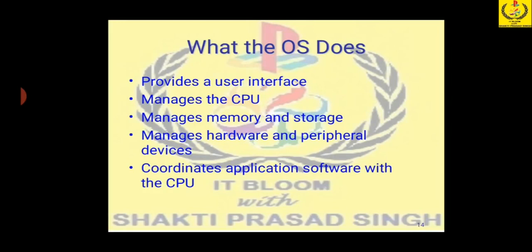The operating system provides a way for the user to interact with the computer, manages the processor, that is the CPU, manages the primary memory, that is RAM and ROM, also manages the storage, manages the computer system's hardware and peripheral devices, and provides a consistent means for software applications to work with the CPU. It manages the hardware and software nicely and coordinates the application software with the CPU, that is, how they will work and run.